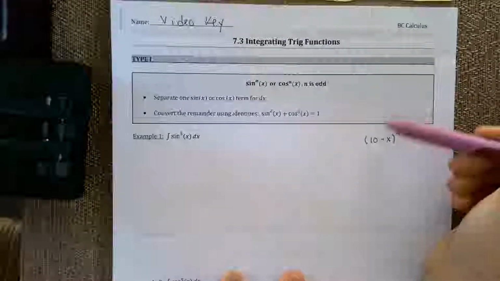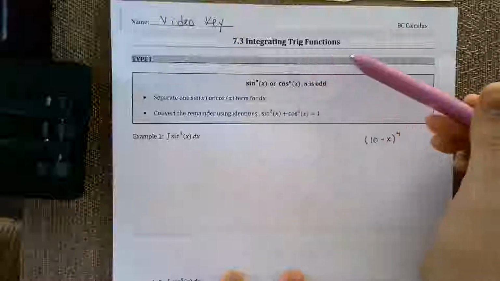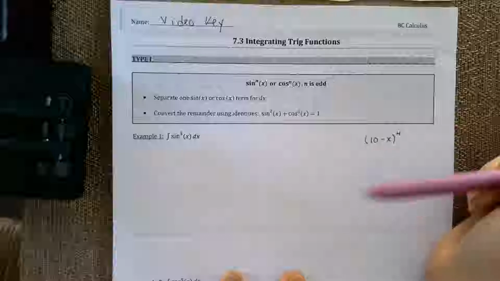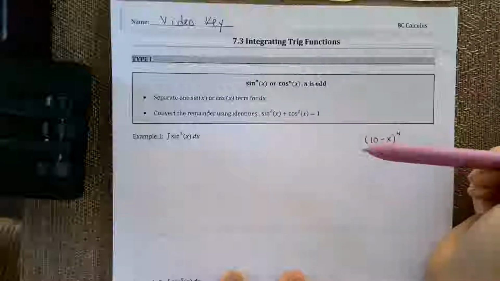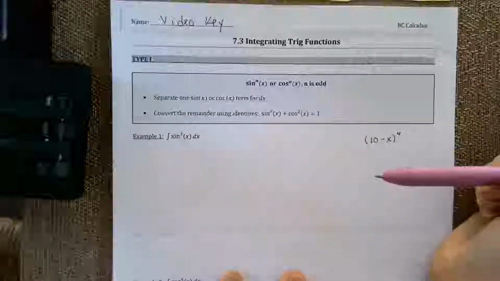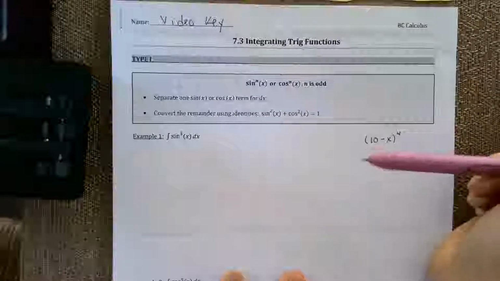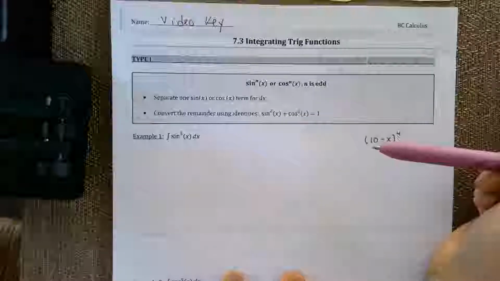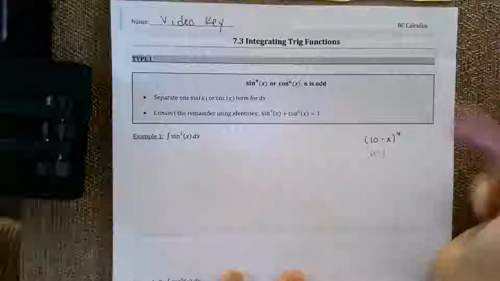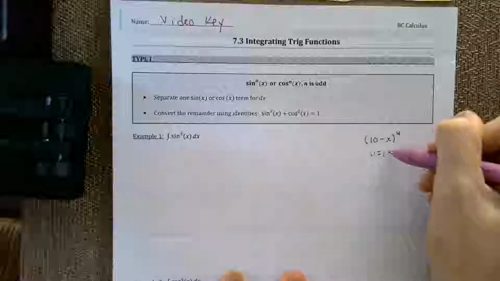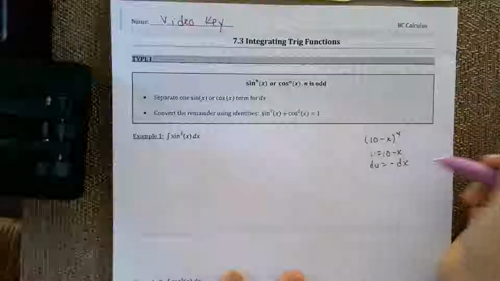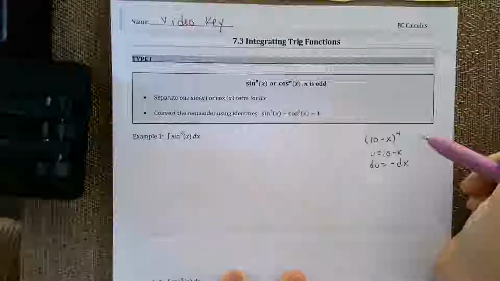So in this case, doing a U sub where u equaled 10 minus x and du equaled negative dx was a lot easier than multiplying it all out.